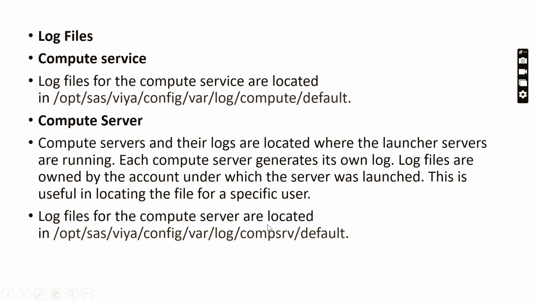After that, you need to navigate to whichever service has the issue. Depending on that, you navigate and open the default log file. Default hyphen the date, today's date. It will generate one log file every day. Using that log file, you need to open it in different modes.